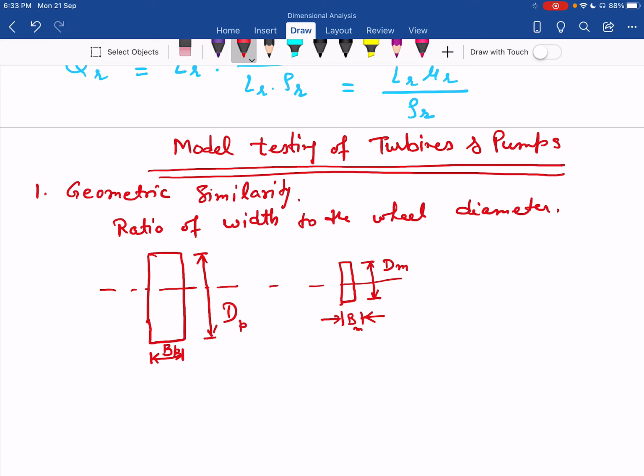That is, the ratio of width, Bp upon Dp, should be equal to Bm upon Dm. For geometric similarity, this ratio is to be kept constant.